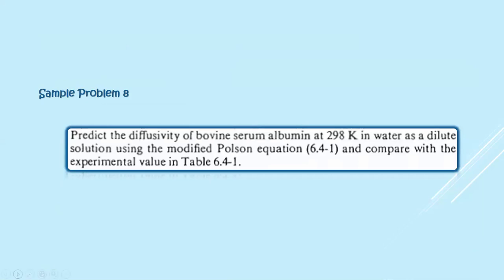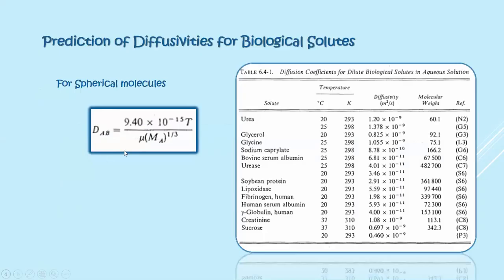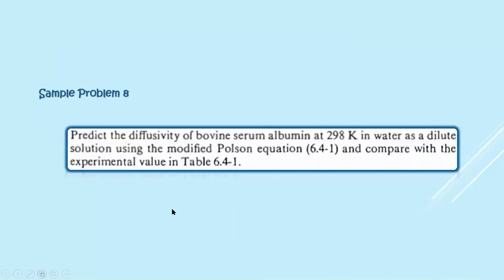The modified Poisson's equation is the one that I have shown you. The other one I did not show anymore because, as I've said, it has a limitation. This one doesn't, except that your solutes have to have a spherical shape. Then compare it with the experimental value found in Table 6.4-1.